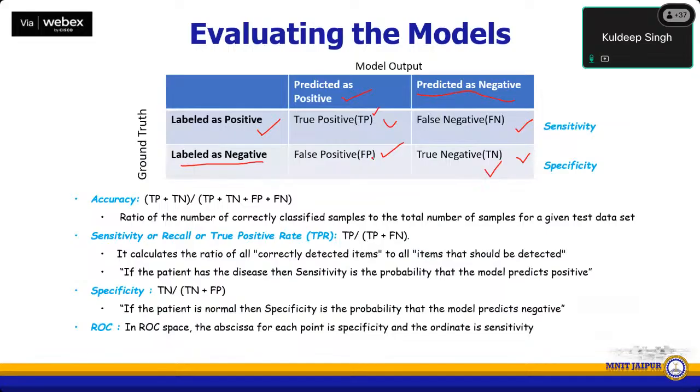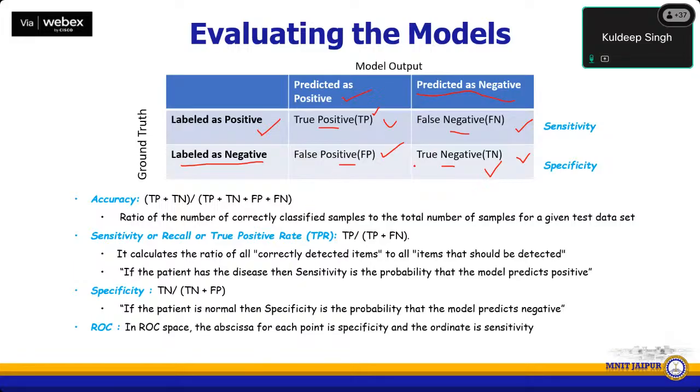The other two cases are the false cases, in which it is predicted as negative, however, it is labeled as positive, and the other way, it is labeled as negative but predicted as positive. So ideally, these two figures should be as low as possible, and these two figures should be high.